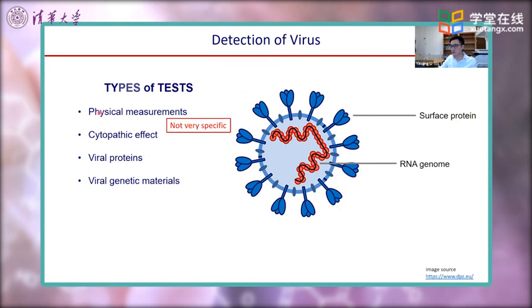So these two methods are not going to tell us which is a resistant strain and which is not. They certainly won't tell us about a new virus strain either. And so we need a different method. The first one we're going to talk about, based on molecular detection, is through the detection of viral proteins.